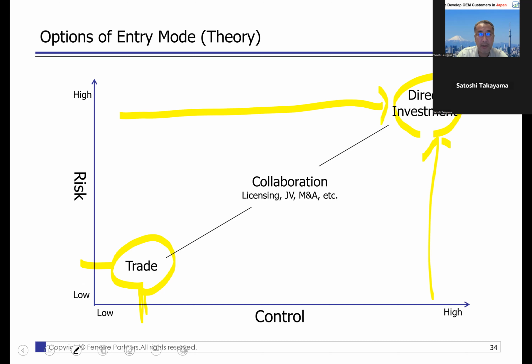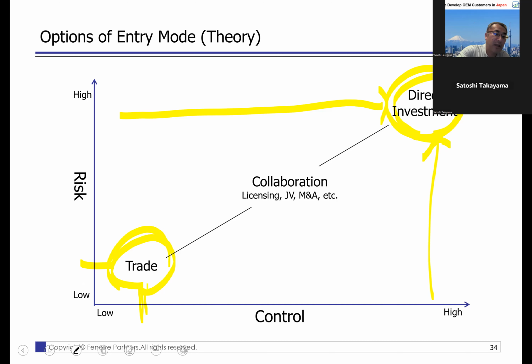And in some industries, like automotive, it takes a few years to get the first sales because of their product development cycle. So spending $500,000 for 3 years in a row without sales revenue would be a nightmare for you. So it's difficult to choose this option without a decent level of sales revenue in Japan.